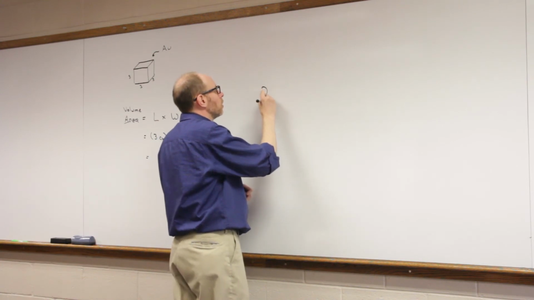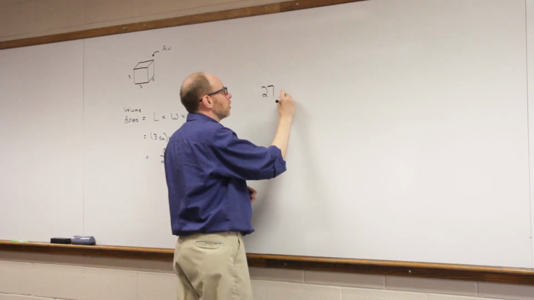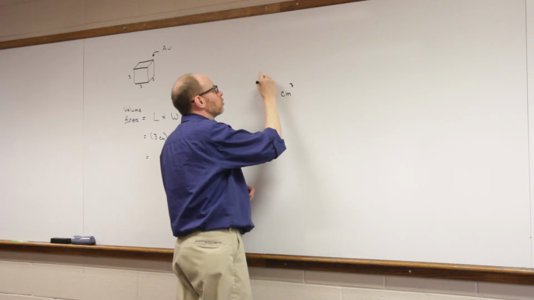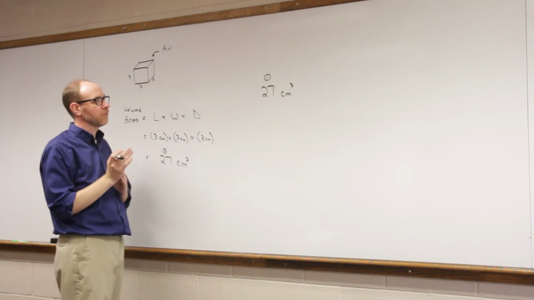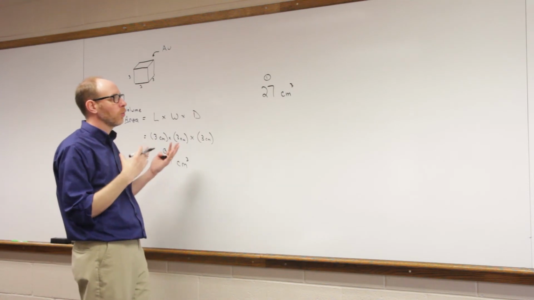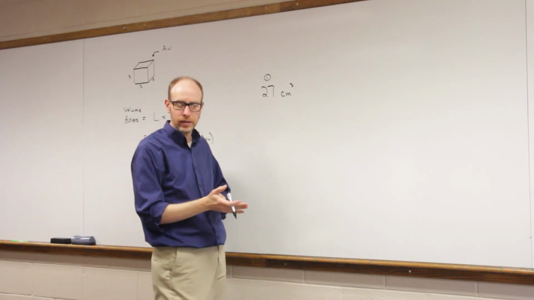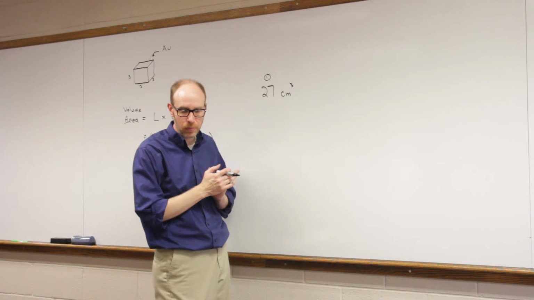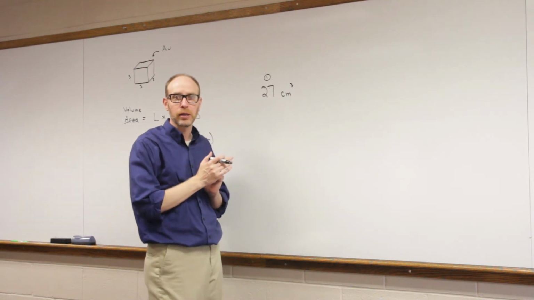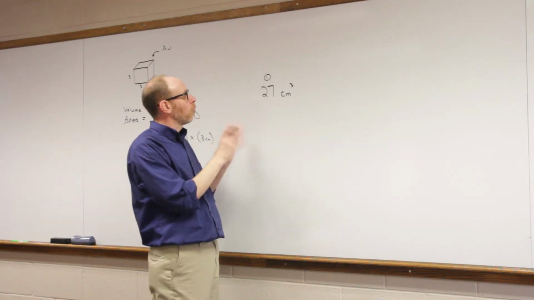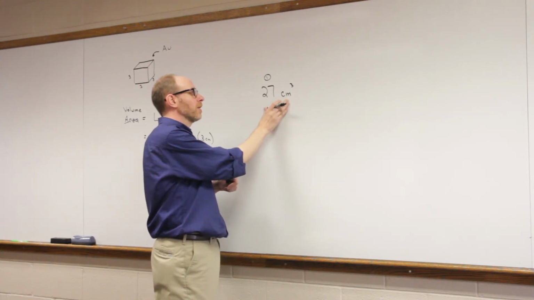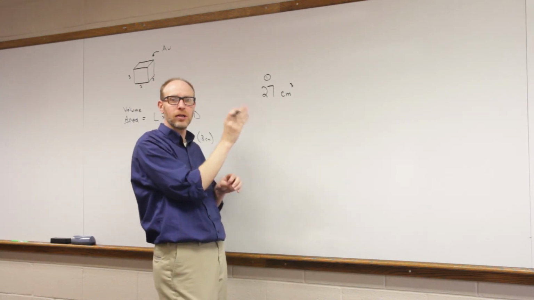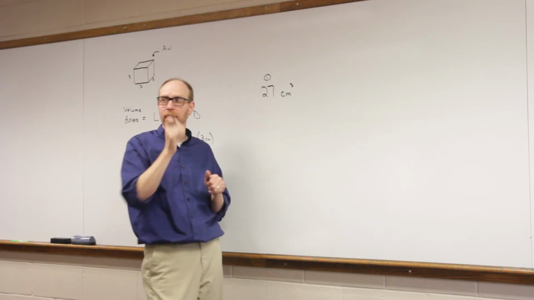So I've got 27 cubic centimeters. Remember, I've got the one there for significant figures. Now I want to use the density of gold, which is given as 19.4 grams per milliliter. I want to use that density to convert between those 27 cubic centimeters and the mass of that cube.